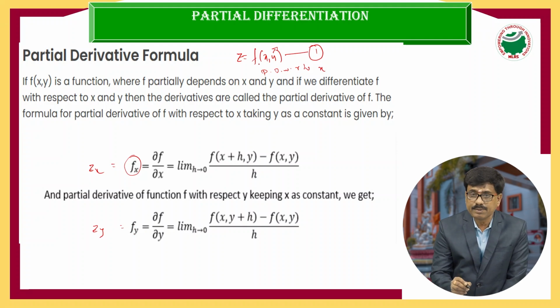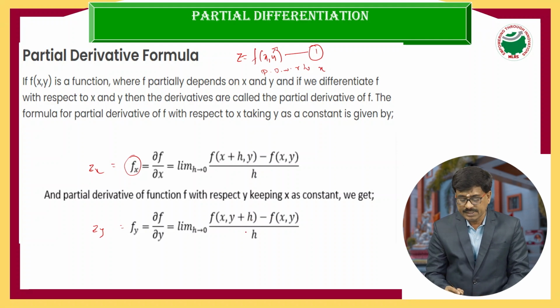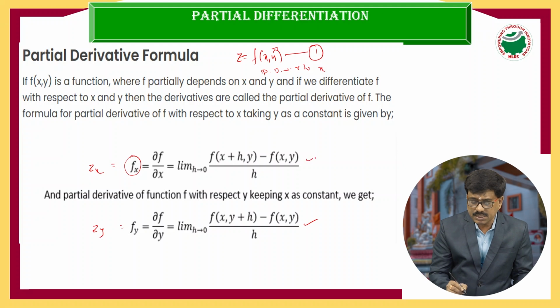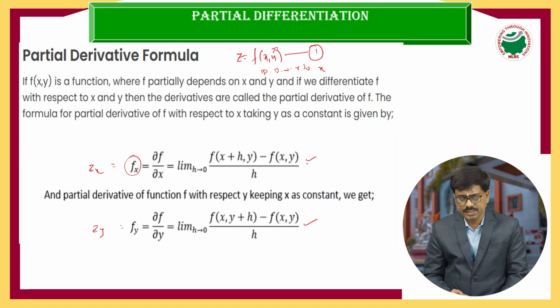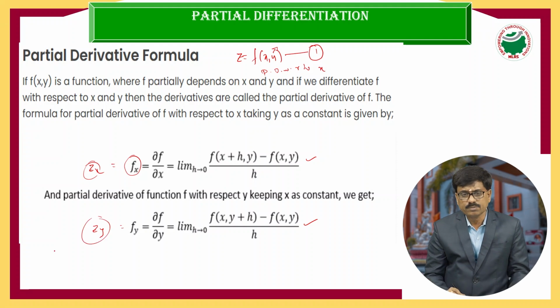It is the limit as h tends to 0 of f of x comma y plus h minus f of x comma y, divided by h. These are called dou z by dou x or dou z by dou y, or dou f by dou x, which are first order partial derivatives.